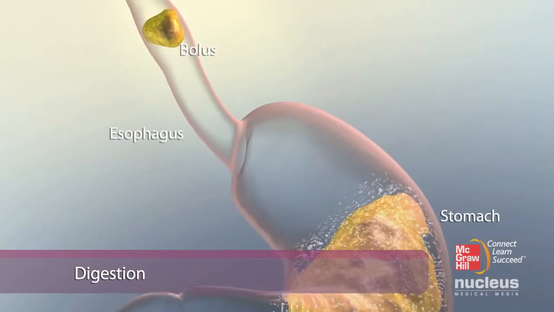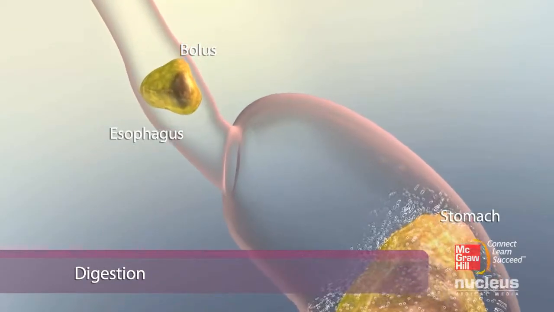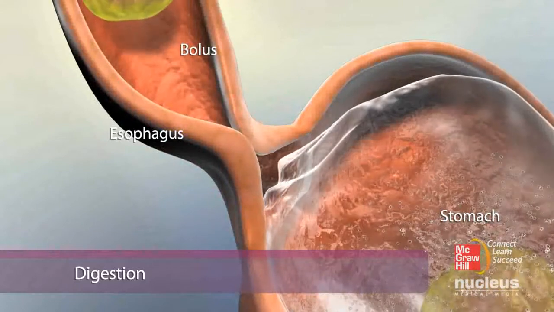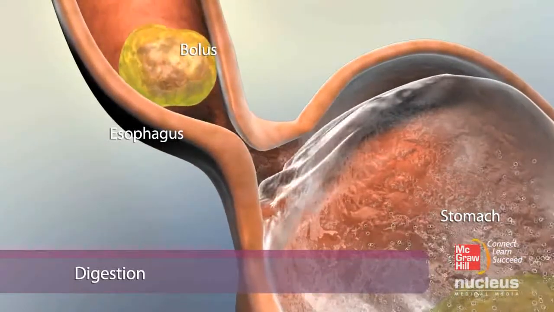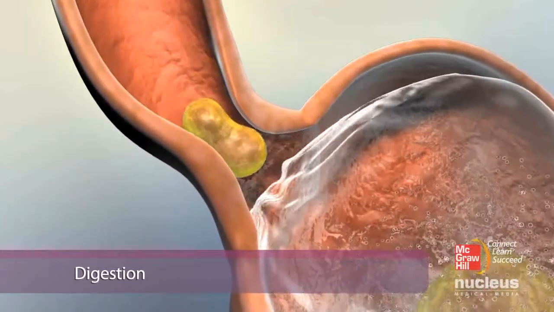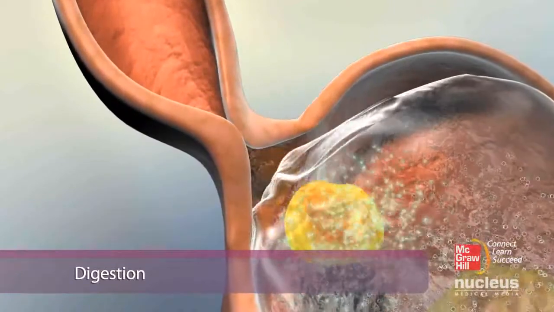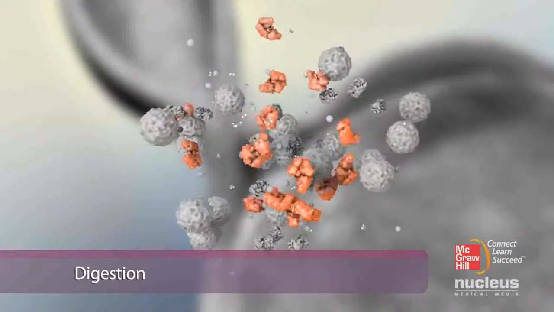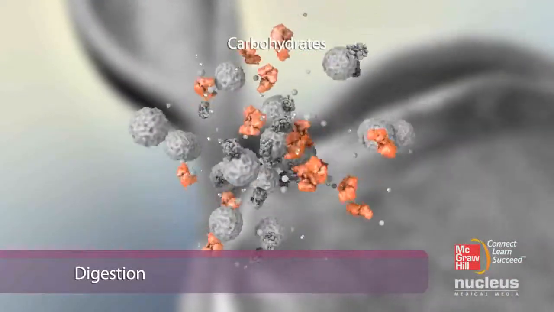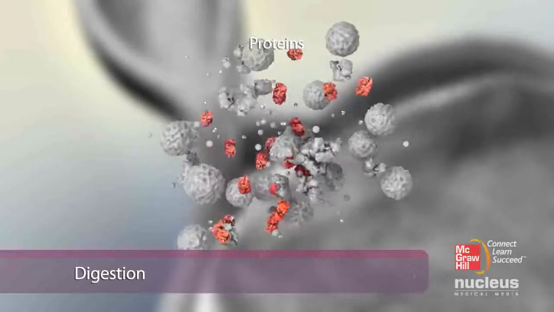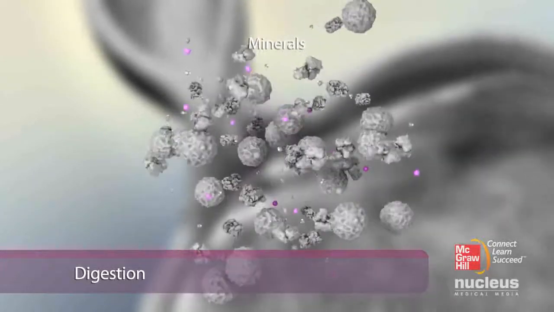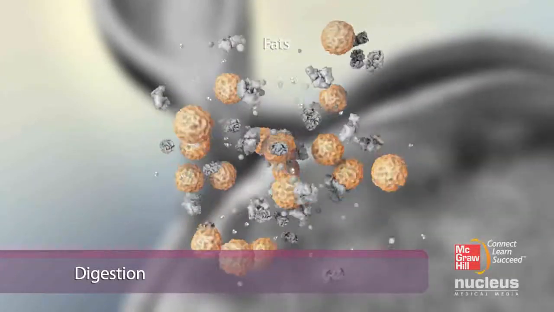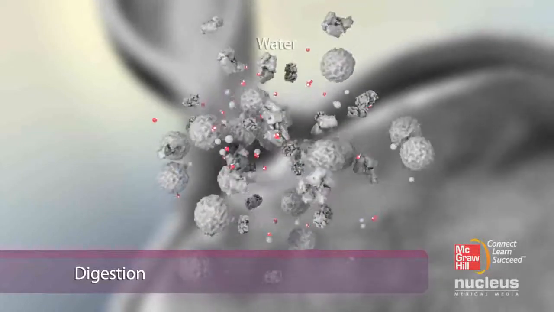Food moves through the esophagus and enters the stomach, where digestive enzymes and stomach acid continue breaking it down. The resultant breakdown product, called chyme, contains carbohydrates, small proteins, minerals, fats, vitamins, and water.